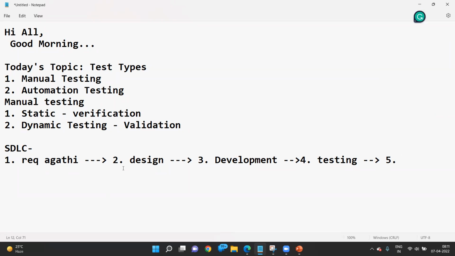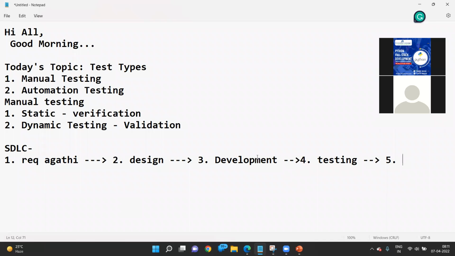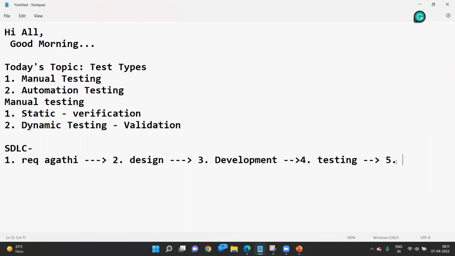Requirement gathering, analysis, design, development, testing, implementation, deployment, and then finally we go for maintenance. Super, maintenance.